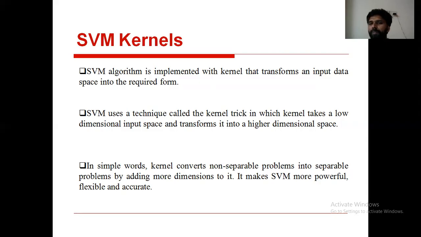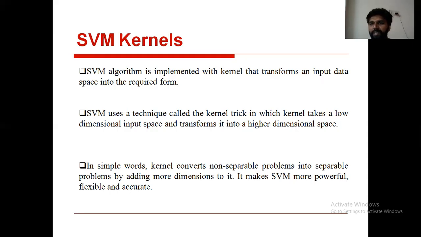See, non-separable problems. We already discussed linear problems and non-linear problems. In linear problems, we can separate the data by using straight lines. Whereas in non-linear support vector machines, we can't classify the data by using straight lines, right? While working with non-separable problems, to separate them, we need to add more number of dimensions.